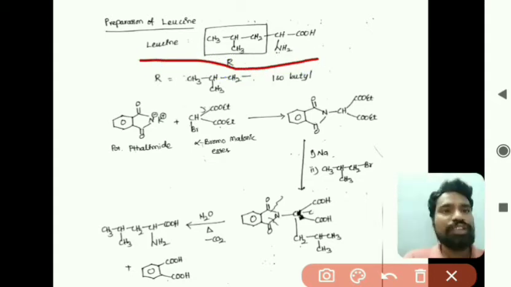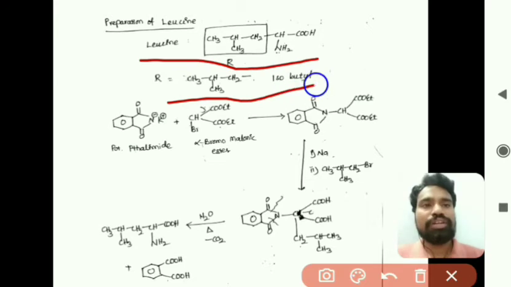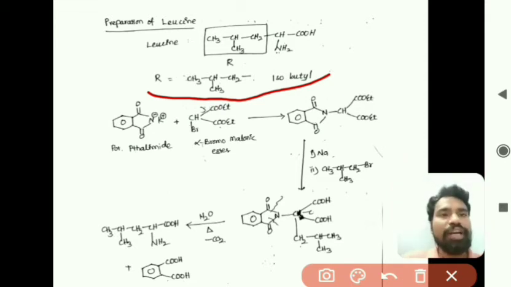So here the leucine structure is CH3 CH CH3 CH2 CH NH2 COOH. So here it contains the alkyl group CH3 CH CH3 CH2, that is the isobutyl group, right. So in the reaction process we have to add the alkyl halide as isobutyl halide, isobutyl bromide, right.